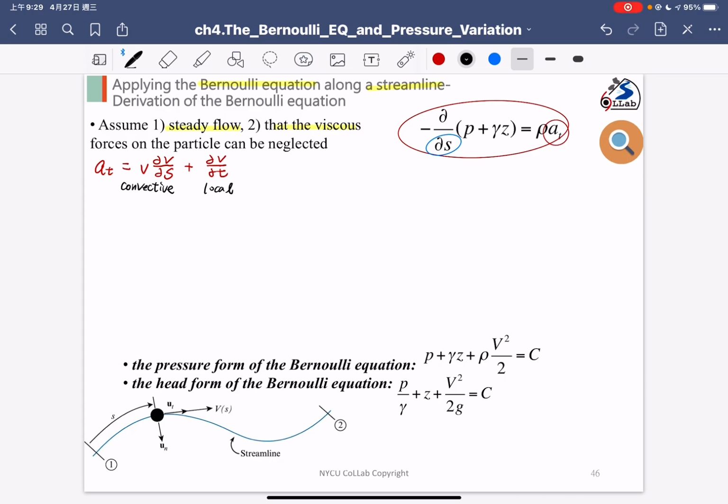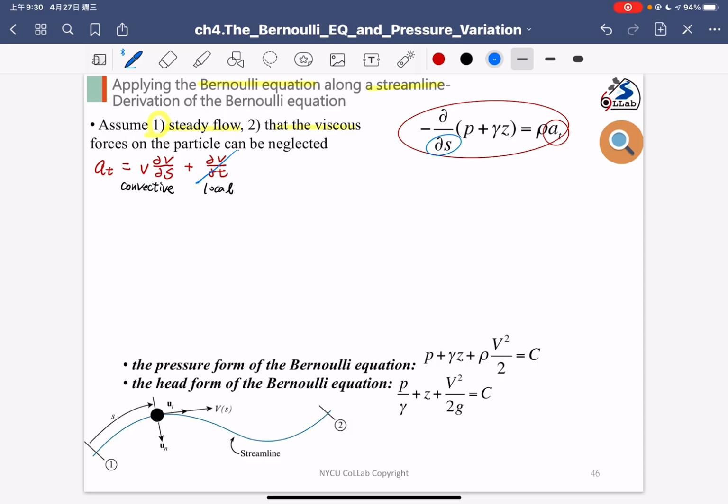And if you notice, we assume the flow is a steady flow, so that indicates the velocity doesn't change with time. So we don't have this part. We don't have a local acceleration because we consider our flow condition to be steady flow.